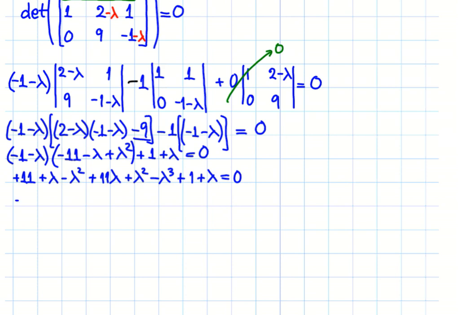Combine like terms, we have negative lambda cubed, and then the lambda squared cancel out. And then 1 lambda, 12 lambda, 13 lambda. And 11 and 1, so that will be 12.